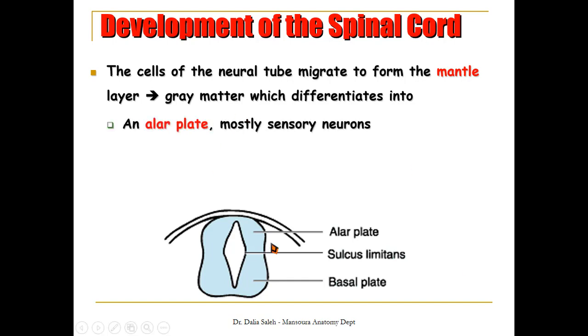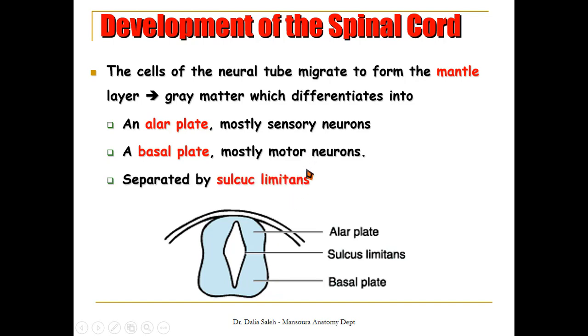An alar plate or dorsal plate mostly contains sensory neurons, and the 2 basal plates, or the place of the ventral horns actually, will be formed mostly of motor neurons, and they will be separated by sulcus limitans. So the sulcus limitans limits the alar plate from the basal plate. Here is the alar plate, here is the basal plate, and this is also the sulcus limitans.